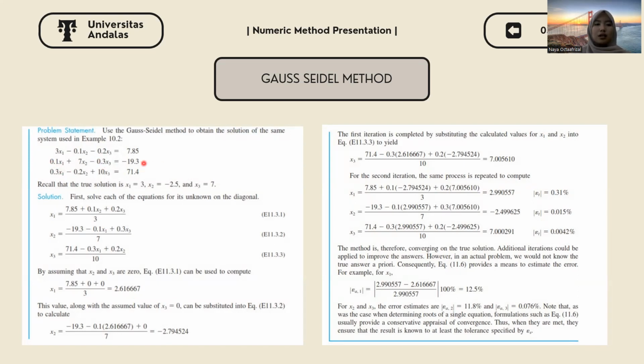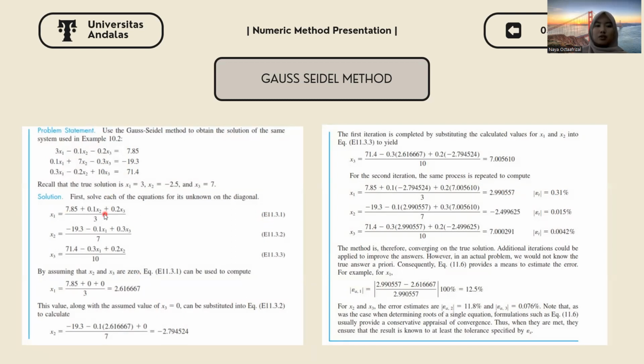This is the same as this equation we used to determine the x1, this equation we used to determine the x2, and this equation we used to determine the x3, as you can see in here. And then we assume the x2 and the x3 are 0. We apply this to equation 11.3.1, so we can get the x1.